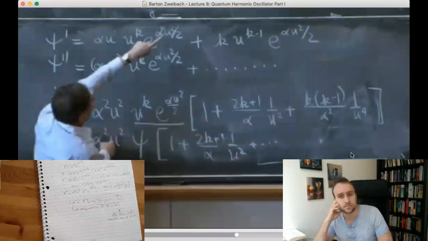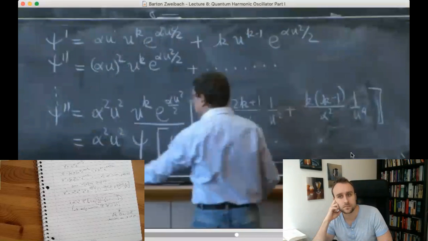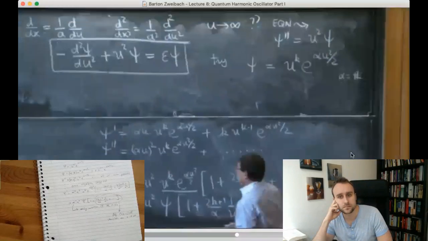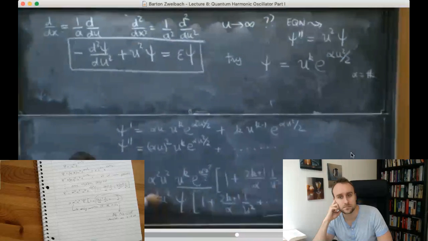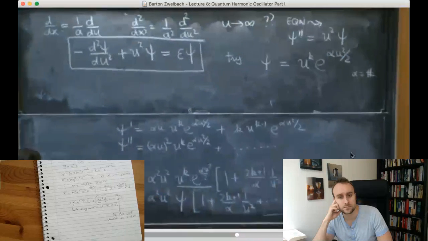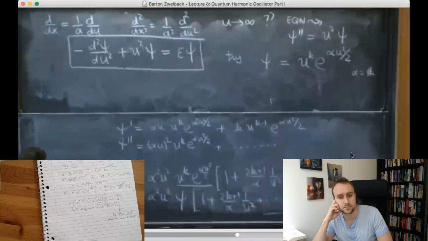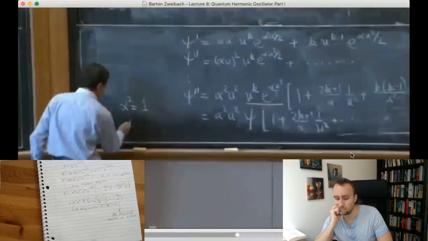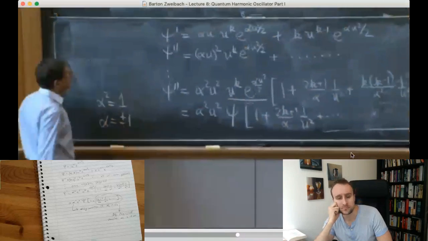Number times u squared, that is the equation you're trying to solve up there. And therefore, you get that equation if alpha squared is equal to 1. And that means really that alpha can be plus minus 1.